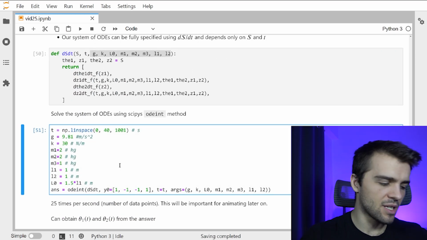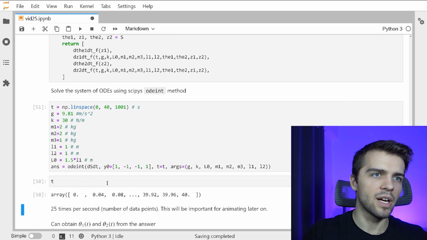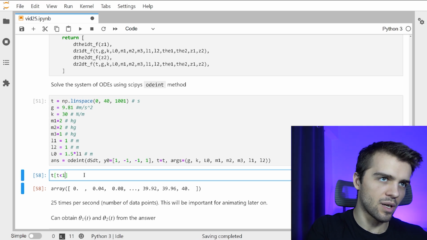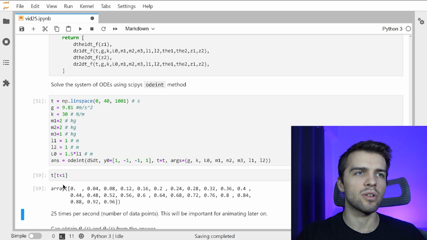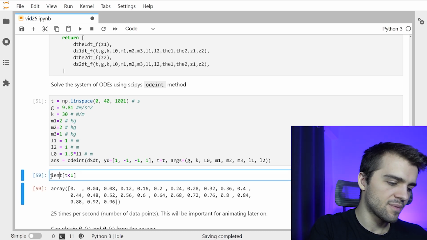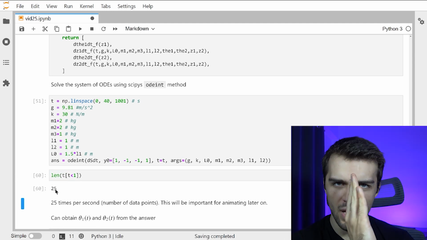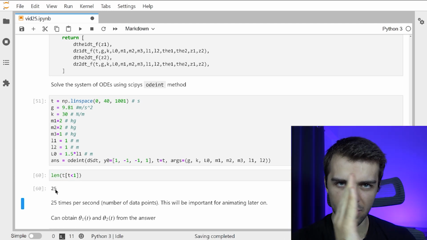If I look at my times here, and I see how many times there are t where t is less than 1. So these are all the times from 0 to 1 second. And I look at the length of this. There are 25 times per second, discrete.